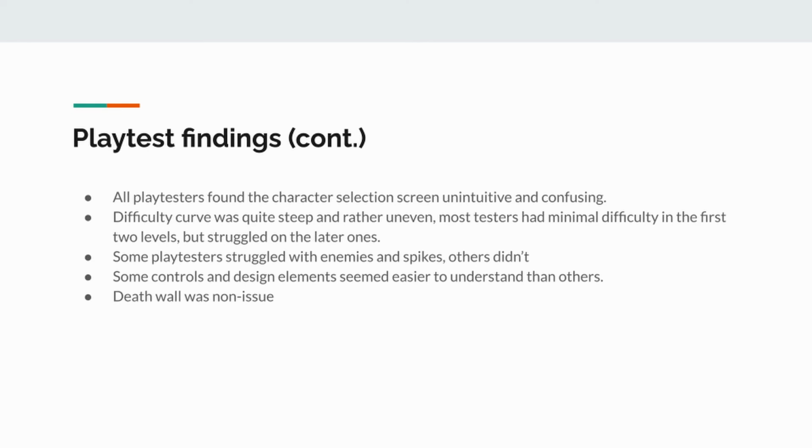Many playtesters found the enemies and how to combat them unintuitive. At least one playtester tried to avoid fighting them at all, while another repeatedly died while trying to defeat a single enemy. This suggested to us that the combat mechanics were not being clearly communicated, and that the interactions between the player and enemy objects needed some reworking.